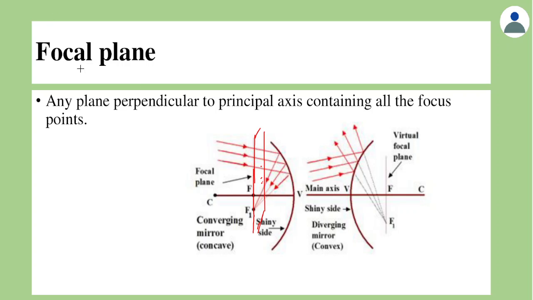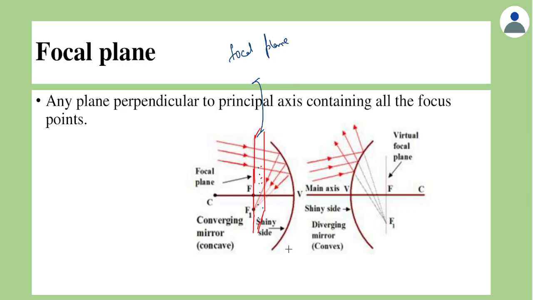For example, light rays falling somewhere at an angle like this will meet somewhere here. Light ray falling here meets somewhere here. So it is seen that we get infinite such focus points. All these points lie on a plane. This plane is called the focal plane.